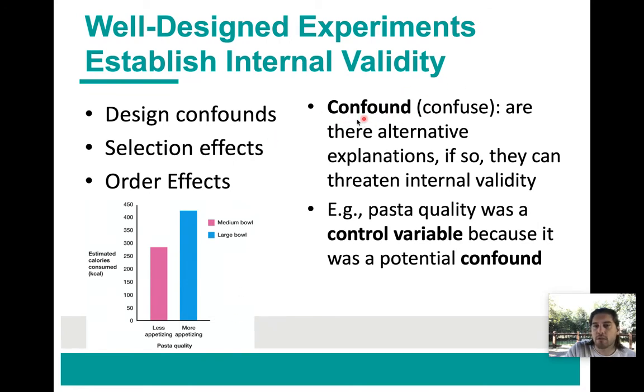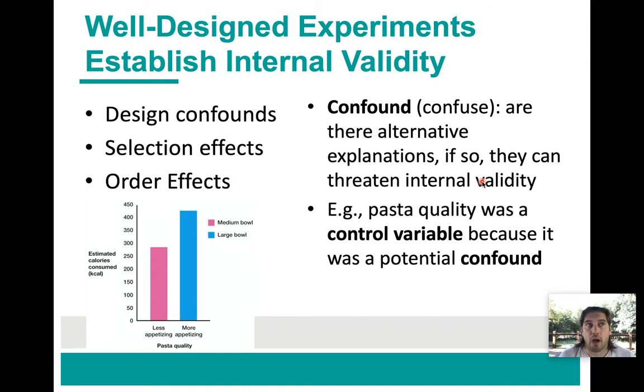So confounds, you can think of confound as also meaning to confuse. They are alternative explanations that threaten our internal validity. These are those nefarious variables, right, making their way into the experiment, and we wish they weren't. We wish that they were having no effect because they're undermining the integrity of our experiment.